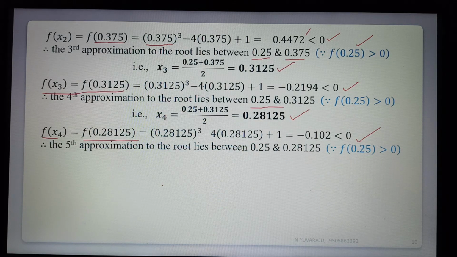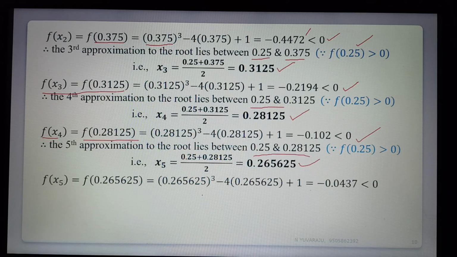So the fifth approximation is between 0.25 and 0.28125, that is the fifth approximation of these values. Again substituting in the given equation, f of x5 is equal to minus 0.0437, this is also negative only, non-zero negative. The previous value is positive, 0.25.